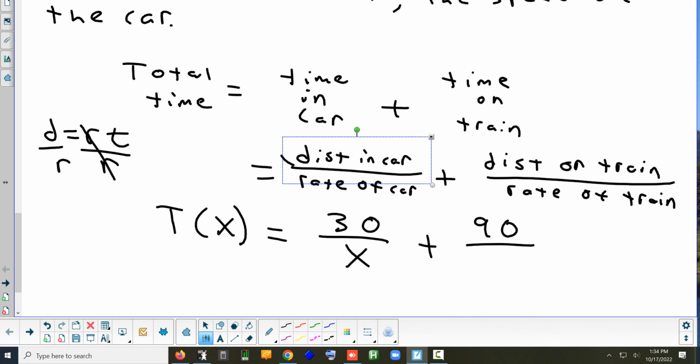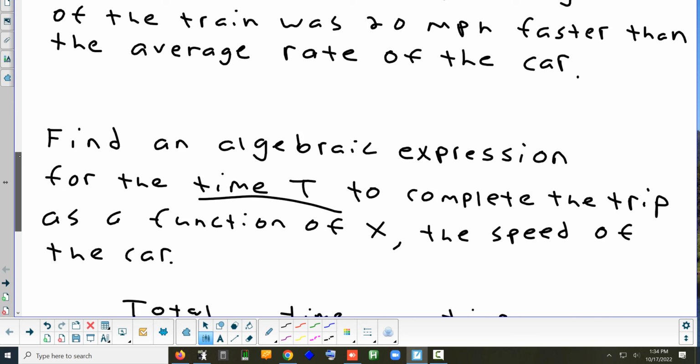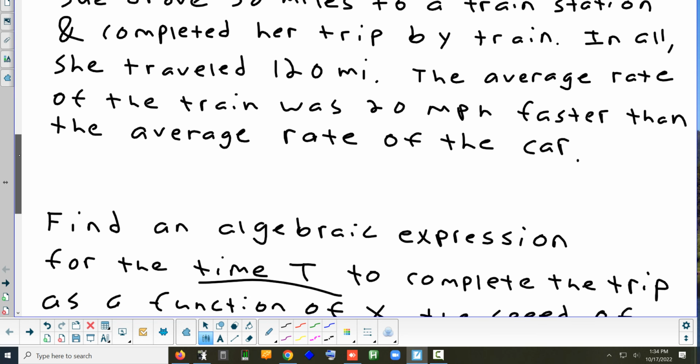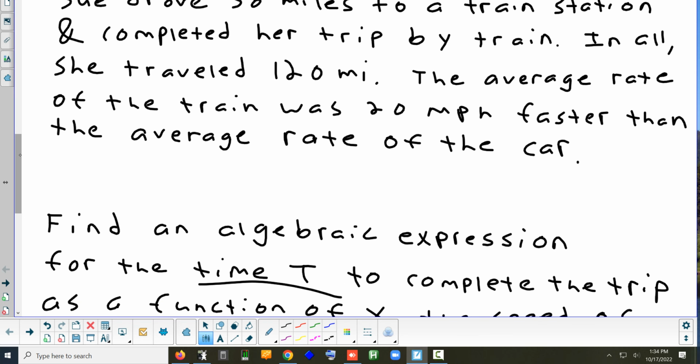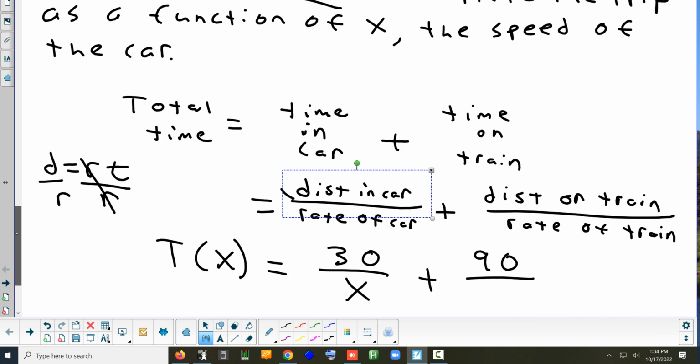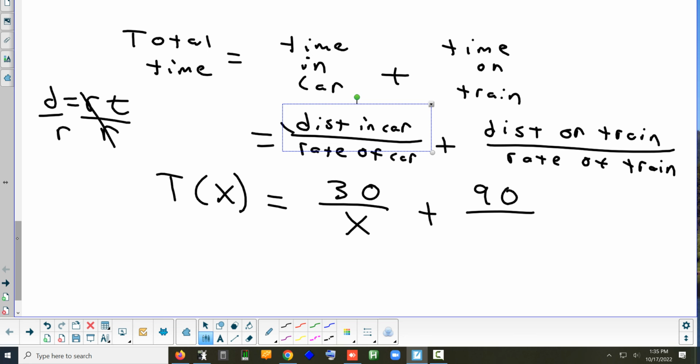Yep, X plus 20. We don't have an exact number, but we know that the speed of the train was 20 faster than the car. And there's our formula. So that represents the time that it would take to do this trip. The only thing you have to tell me is how fast was the car going, and I can fill it in and tell you the time.